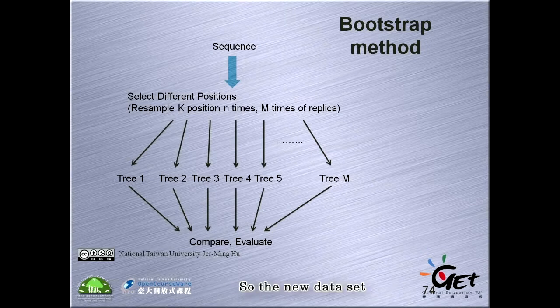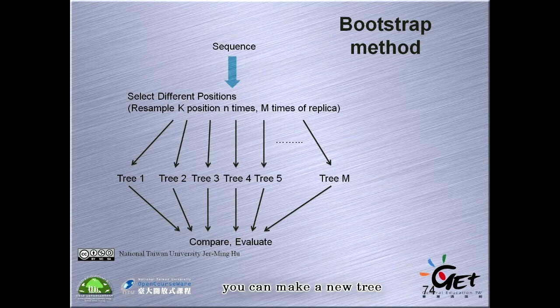So the new data set has the same number of characters as before, but it's rearranged, and it also double counts some of the characters, which means some of the original characters will be omitted or eliminated from the new data set.